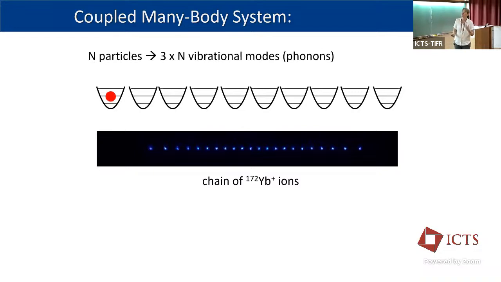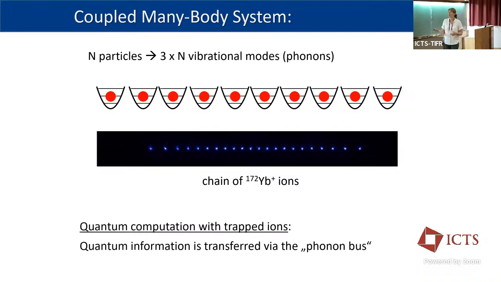And that means if I excite an ion, I kick it, maybe with a laser pulse, I can be sure that all ions feel it and that I excite a phonon, a collective mode of motion. Yeah? And this is the important thing that is also needed in quantum metrology and in quantum information. We call this the phonon bus.